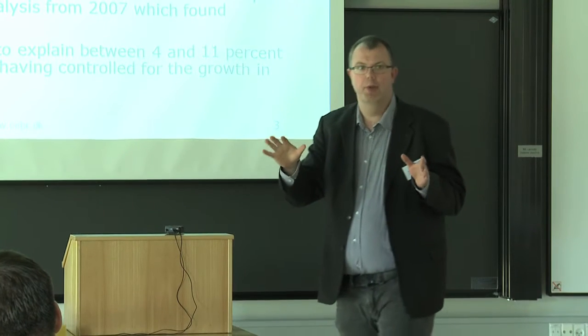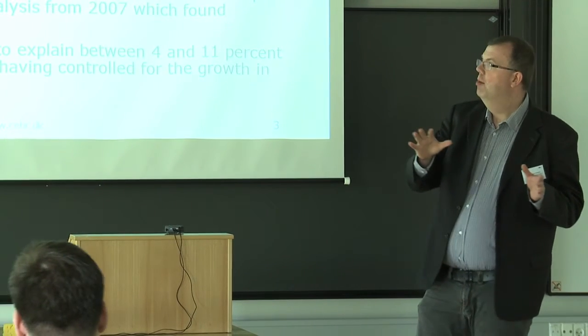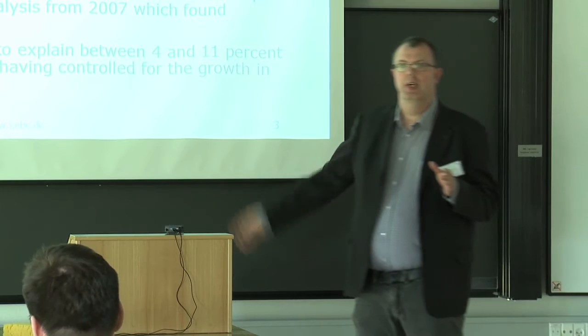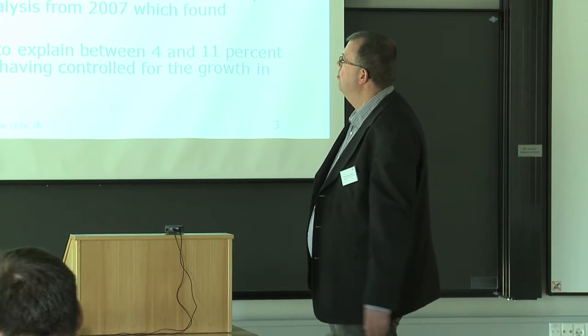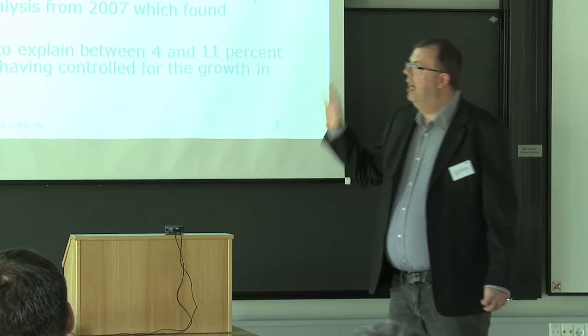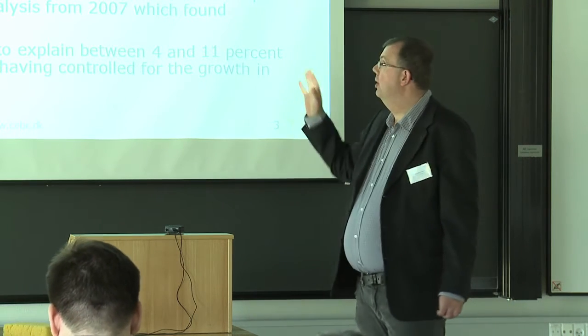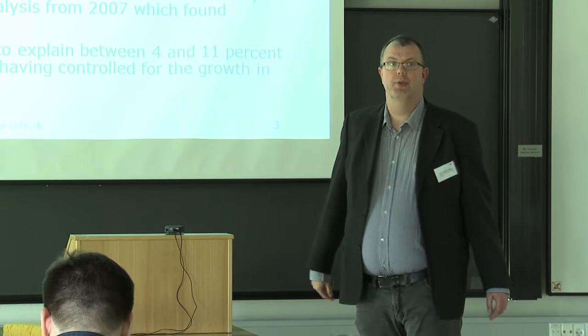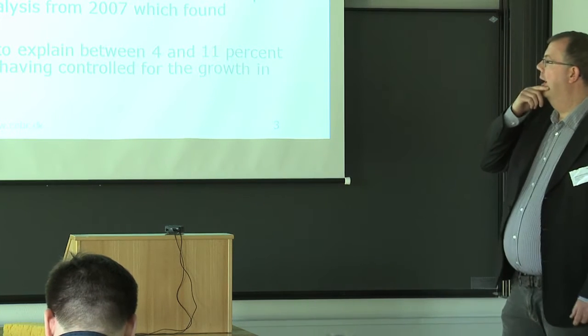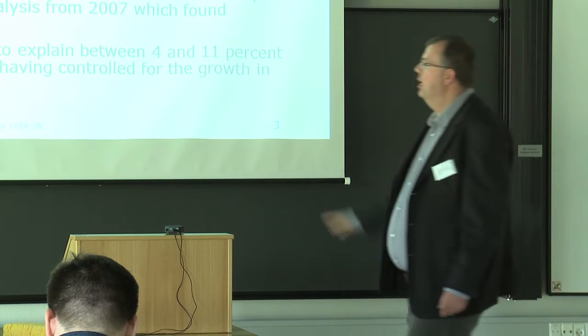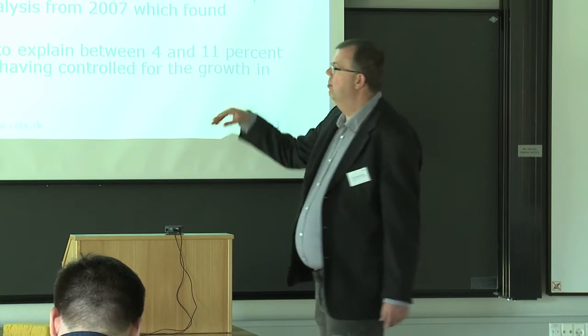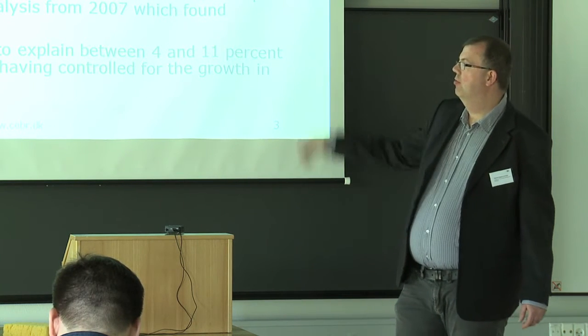I actually don't know that much about the standards themselves, but I know something about the impact on the economic world. The analysis presented here is a microeconomic follow-up on the macroeconomic one that we did in 2007, which was the one Stefan referred to just before, which says that standards may be able to explain between 4 and 11% of residual growth after controlling for the growth in labor and capital.